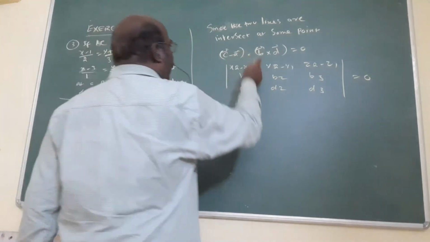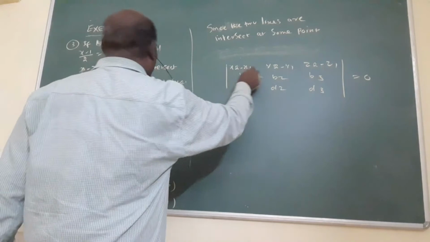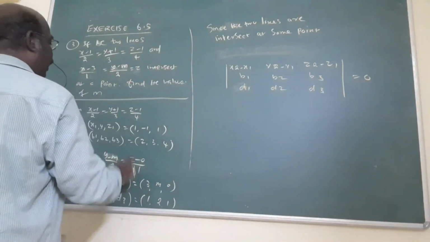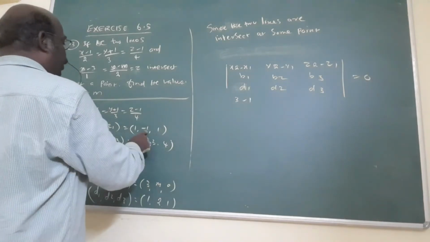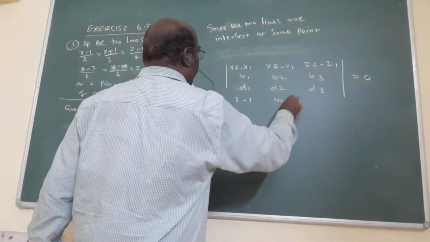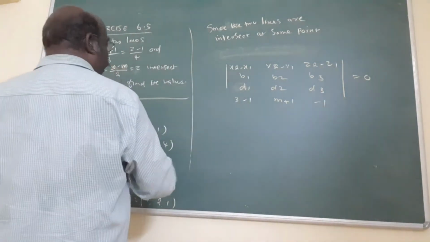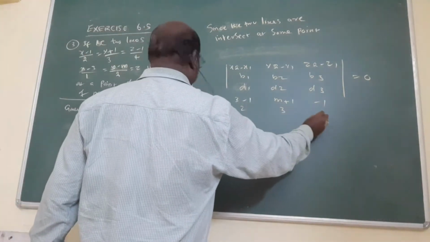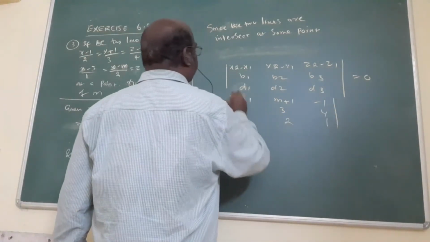You can use this formula also. Now substitute the values: x2 minus x1 is 3 minus 1. Next y2 minus y1 is m minus half minus 1, plus 1. Here 0 minus 1, minus 1. Then b is 2, 3, 4. Here 1, 2, 1. Am I correct?